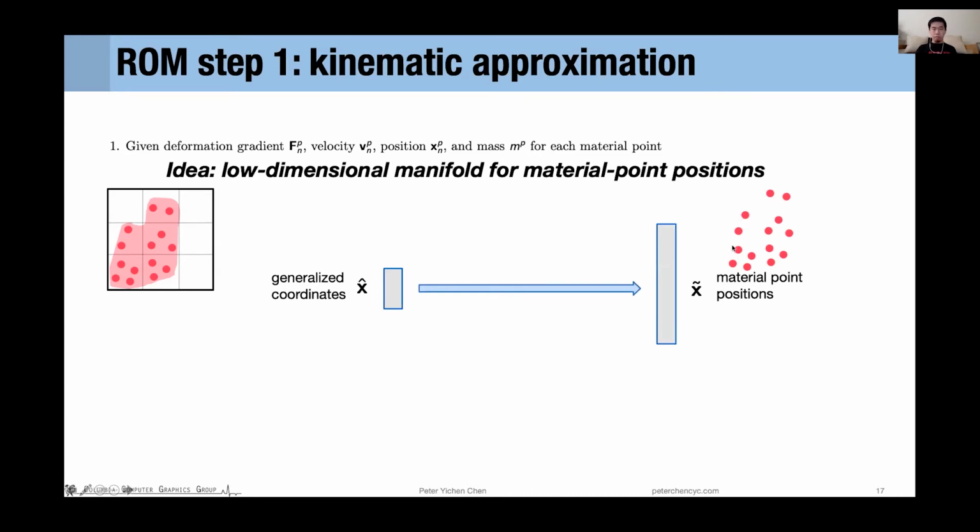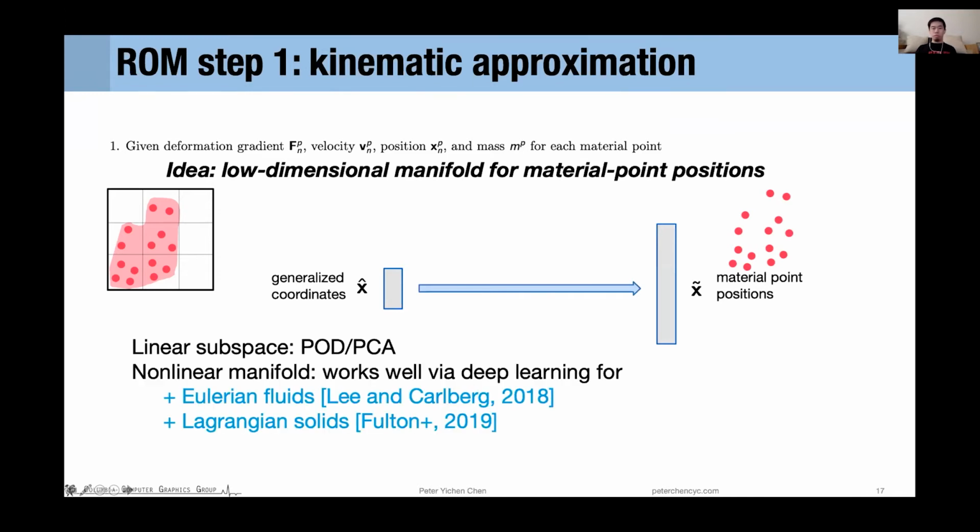And classically, people use linear subspace for constructing this manifold, POD or PCA. And more recently, people have been looking into using deep learning to construct this manifold, which has shown to be a significant improvement from the previous linear PCA approach.